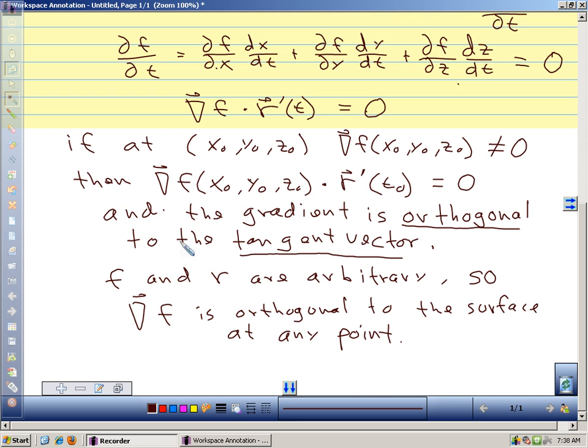So if we want to find a normal vector to our surface, the gradient gives us our normal vector.